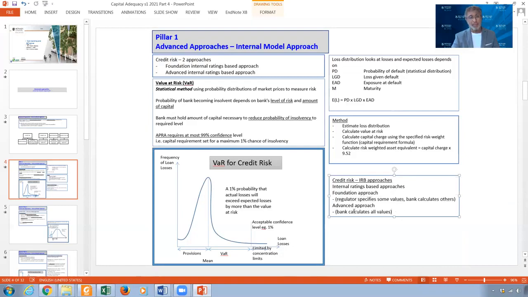But in the advanced approach, all values are calculated by the banks. So you have the foundation approach and the advanced approach, but all of them, as I told you, depart from the internal model, as opposed to the standardized model.